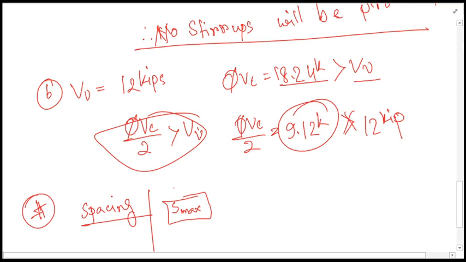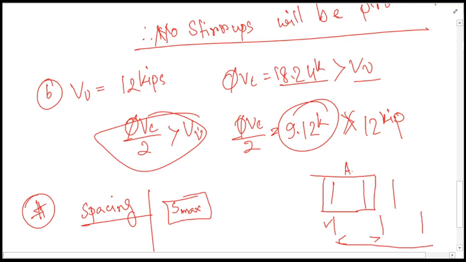If I say this is the spacing or this is the spacing, the one with the greater spacing is obviously this one. But if you are providing higher spacing, then within a unit region the area of the reinforcement is becoming less.